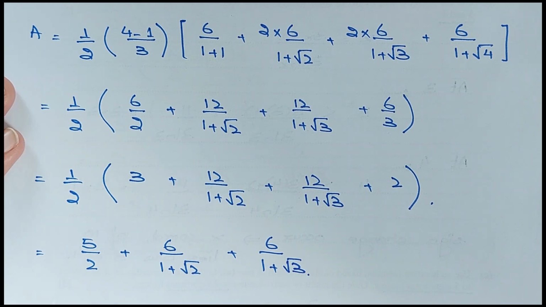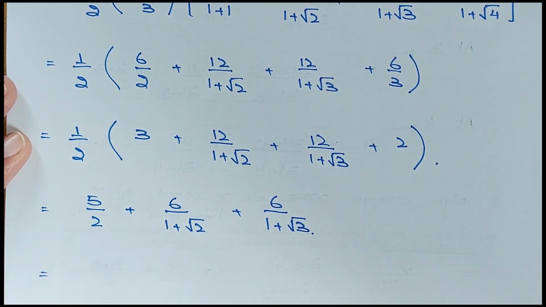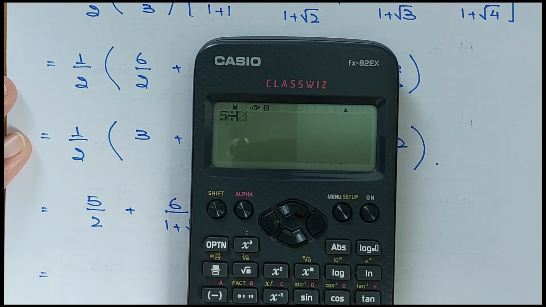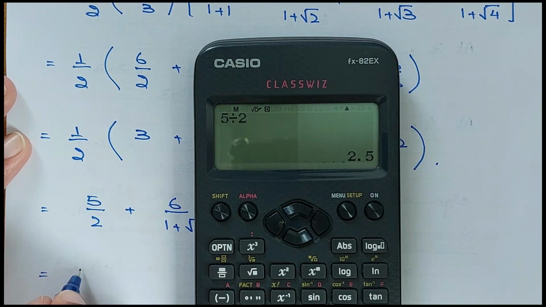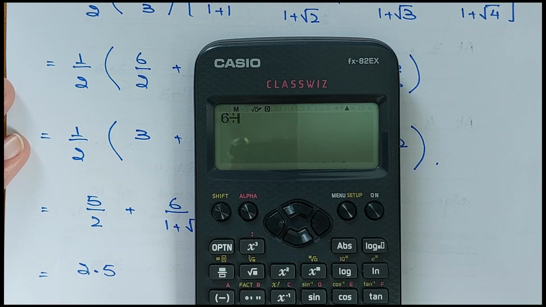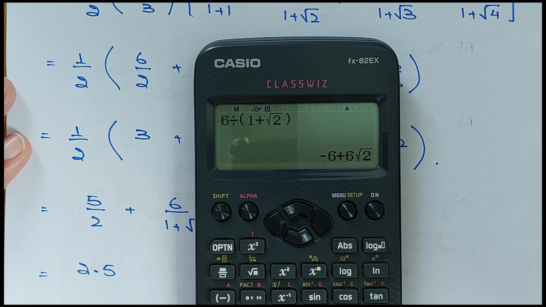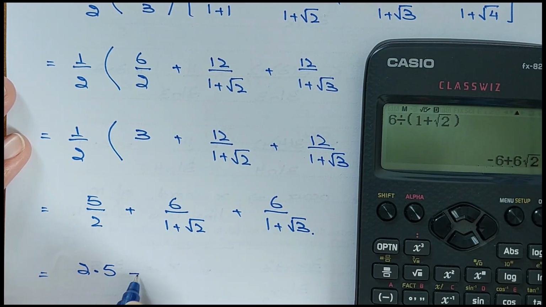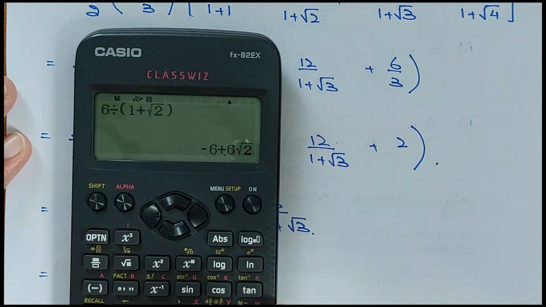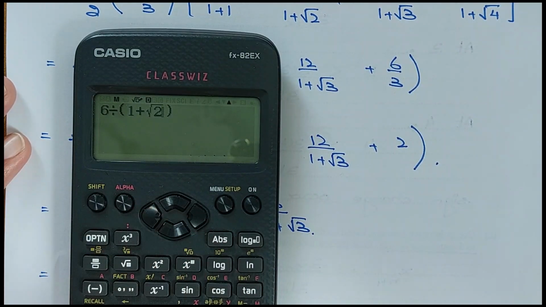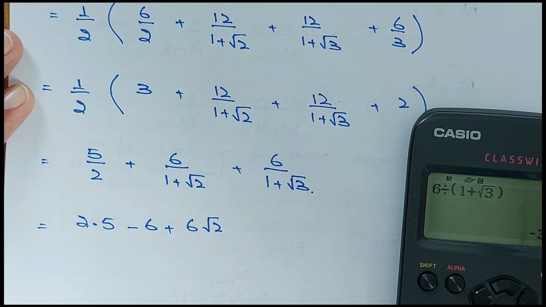Right. Now 5 by 2 is 2.5. Right. 6 divided by 1 plus square root of 2 is minus 6 plus 6 square root of 2, and 6 divided by 1 plus square root of 3 is minus 3 plus 3 square root of 3.